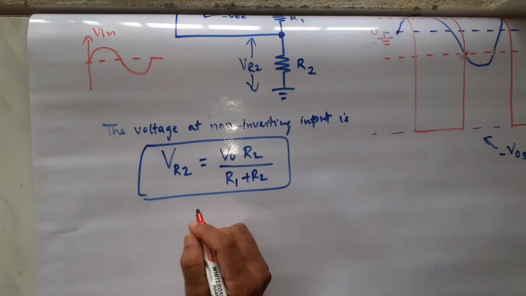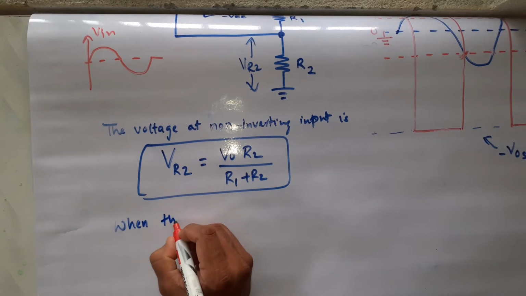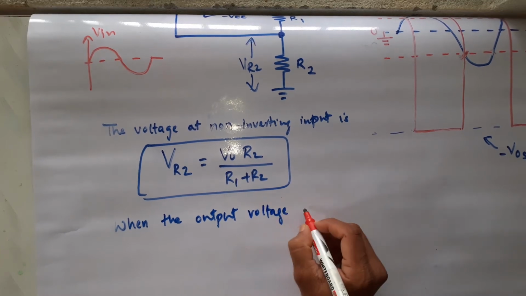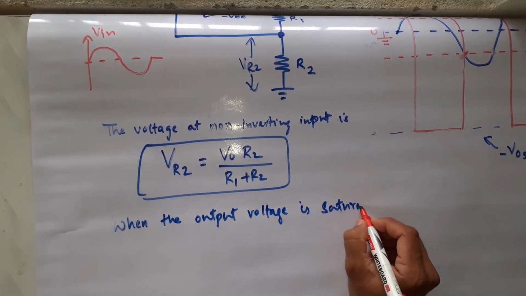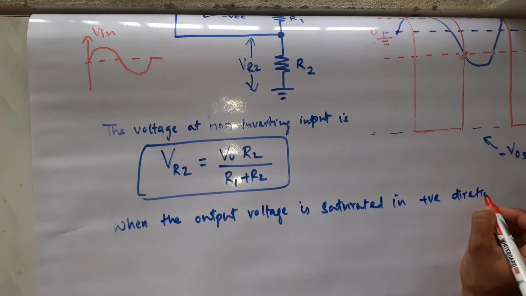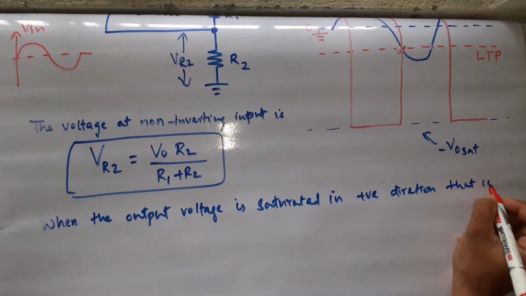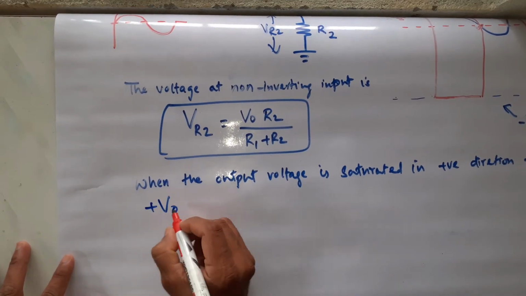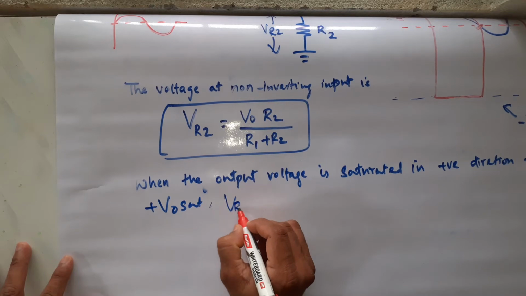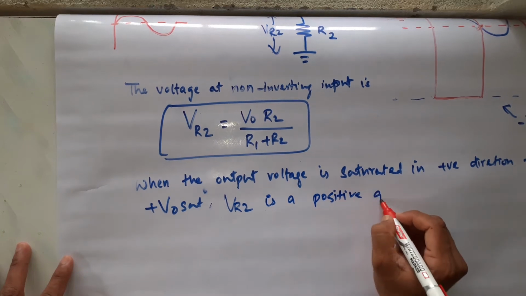Let me write here. When the output voltage is saturated in positive direction, that is plus V0 sat, VR2 is a positive quantity.